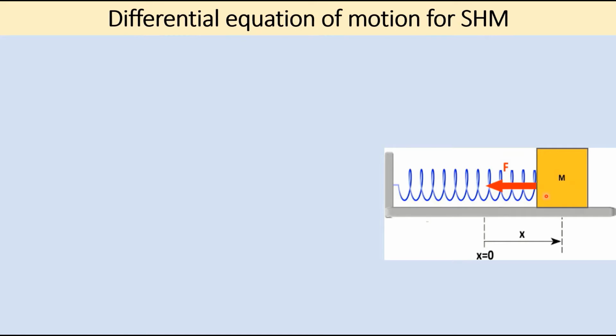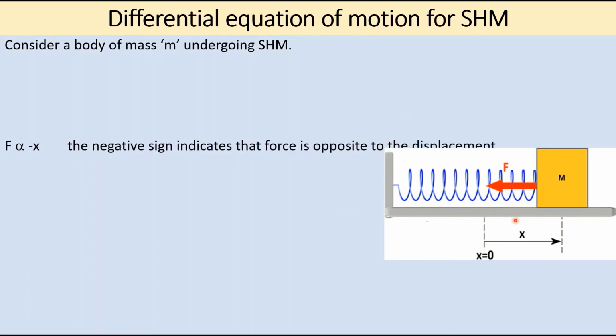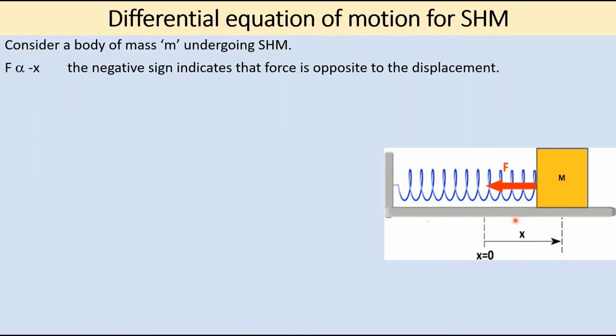Now when you pull this mass, there is a restoring force acting on it, also called the tension T. This tension T is proportional to x, the displacement of the mass from the mean position. So the restoring force is proportional to minus x.